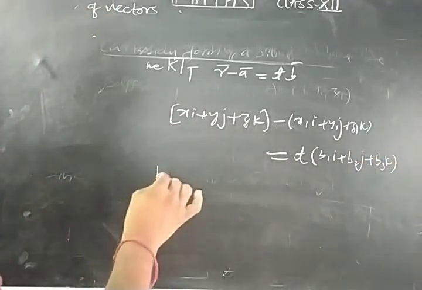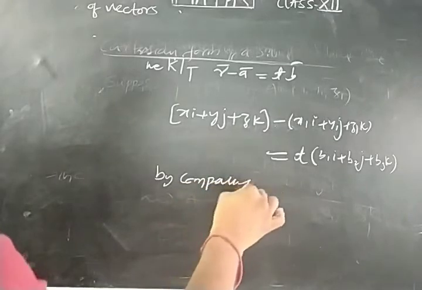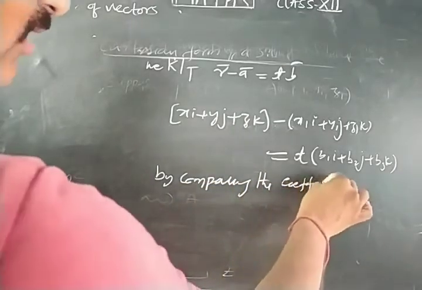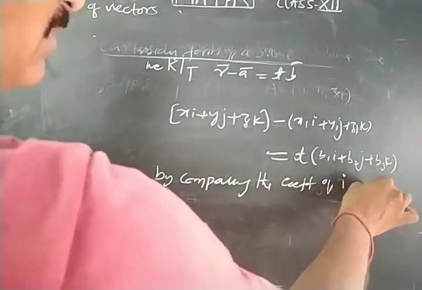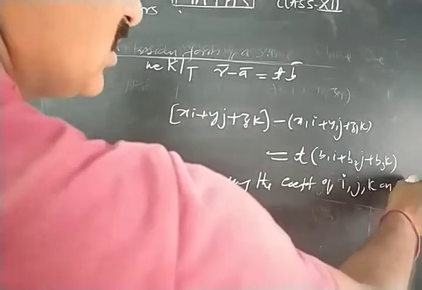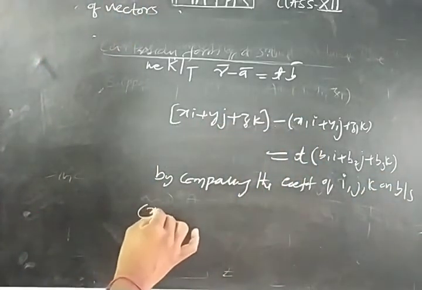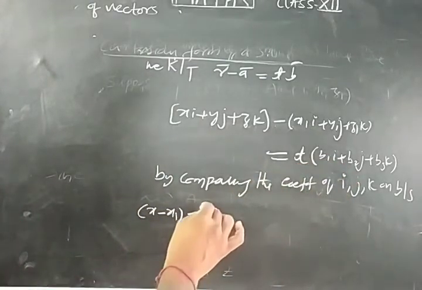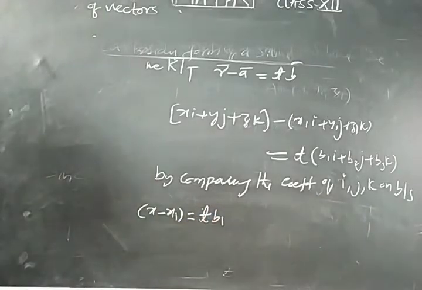By comparing the coefficients of i, j, k on both sides. Now what is the coefficient of i here? x minus x1 on the left-hand side; on the right-hand side, the i coefficient is tb1.